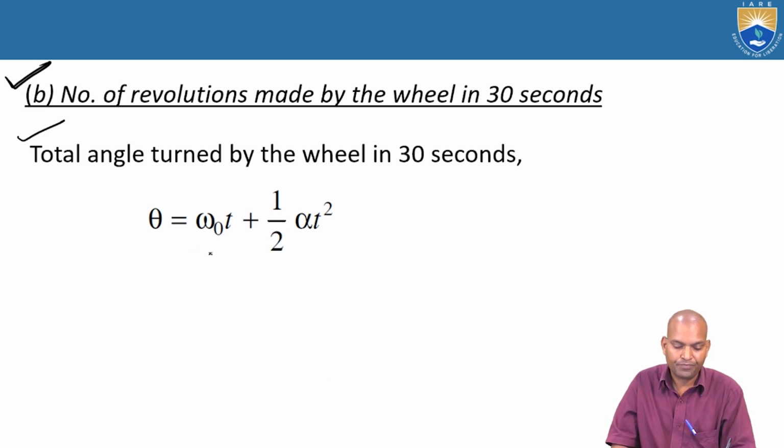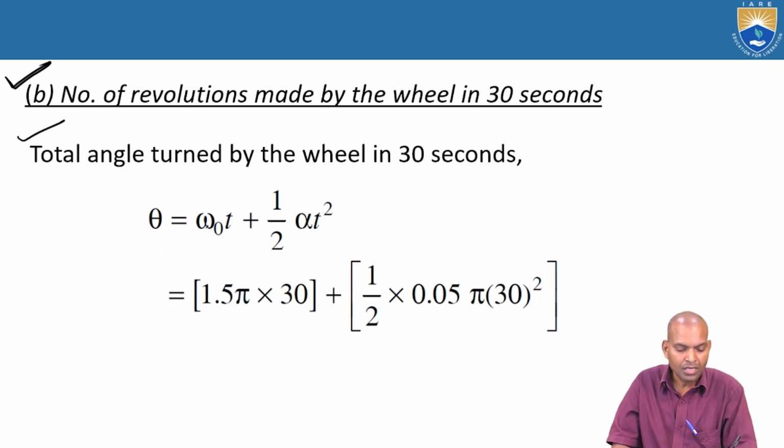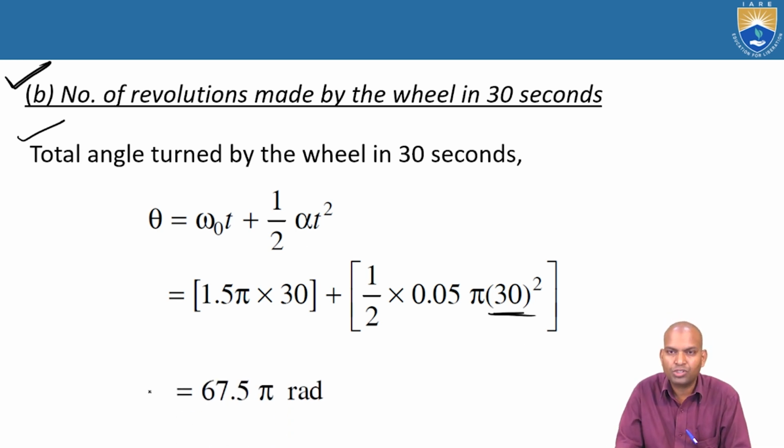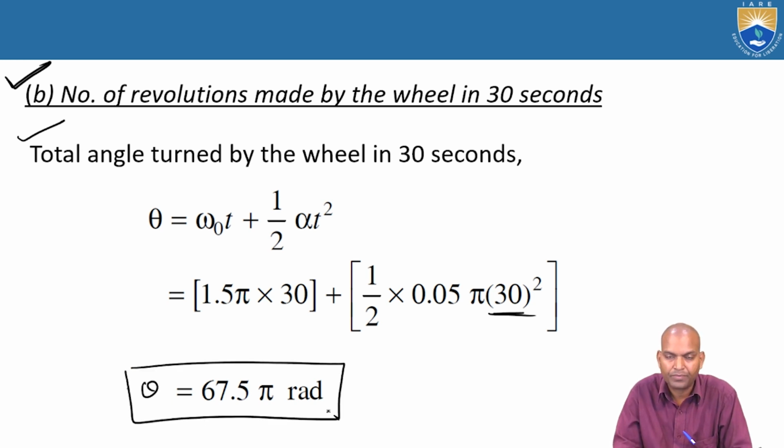Substituting omega naught equal to 1.5 pi, t equal to 30 seconds, and alpha equal to 0.05 pi, the calculated value is 67.5 pi radians. That is in radians.